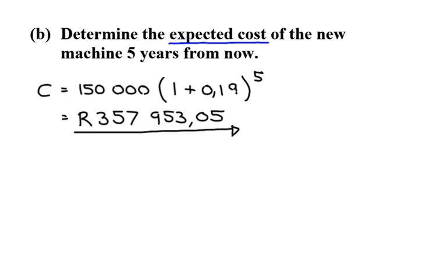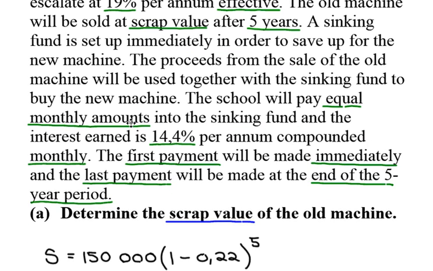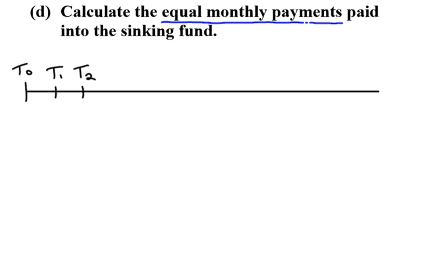Let's actually just go back to that question. Right here at the end, it said they pay equal monthly payments. Interest is earned at 14.4% per annum, compounded monthly. Okay. So compounded monthly for 5 years, that makes my total T60. Let's put 1 in before.